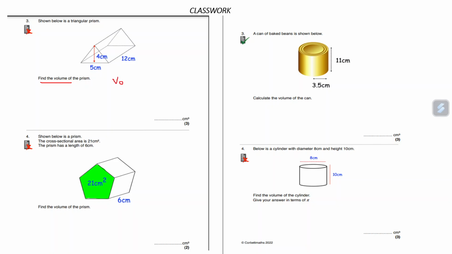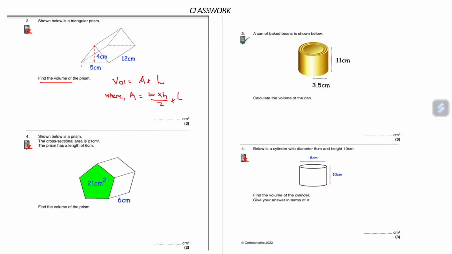The volume of a prism is capital A times L, where A is known as base times height divided by 2, which is the formula for the area of a triangle, times L, which is the length. So first thing first, we need to solve for the area of the triangle here.